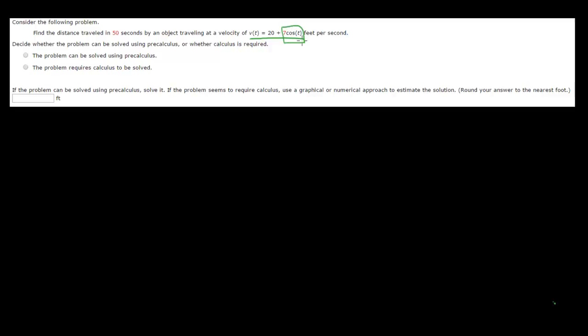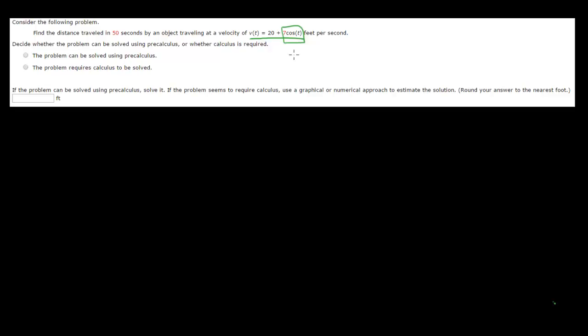So essentially what's going on here is you have a base factor of 20, then you at most are going to add 7 to it, and at least are going to subtract 7 from it. So the slowest speed here is going to be 13 feet per second, and the fastest speed is going to be 27 feet per second.